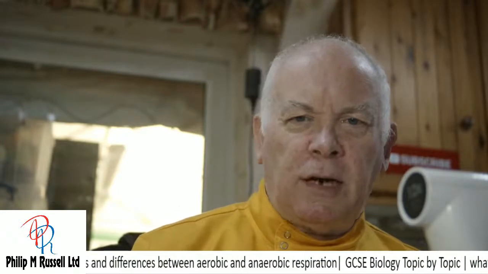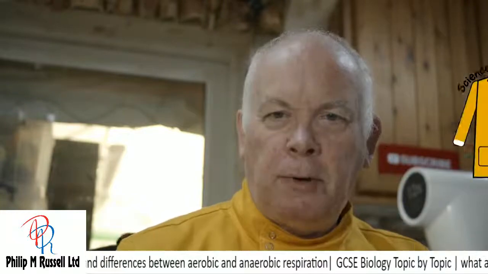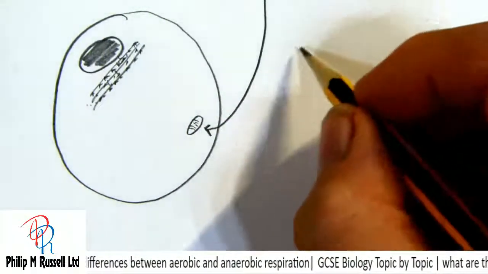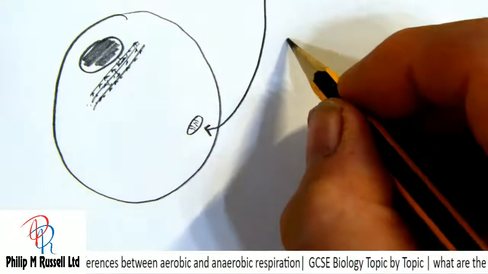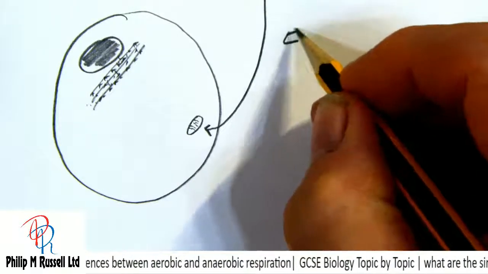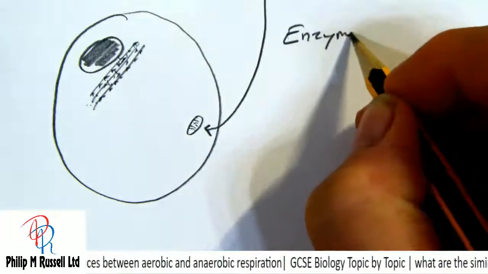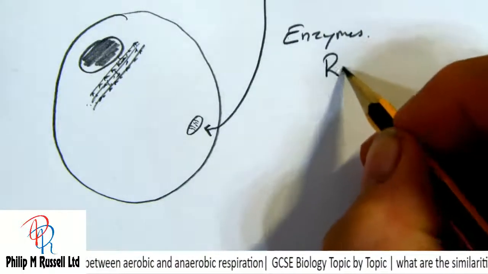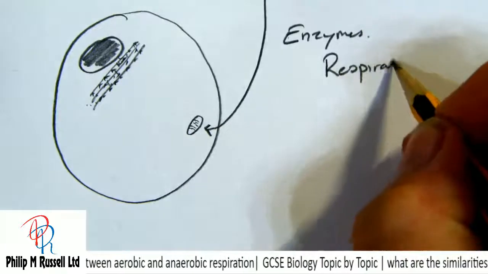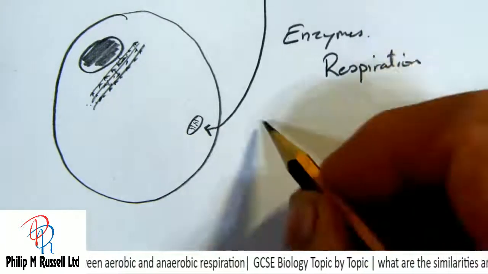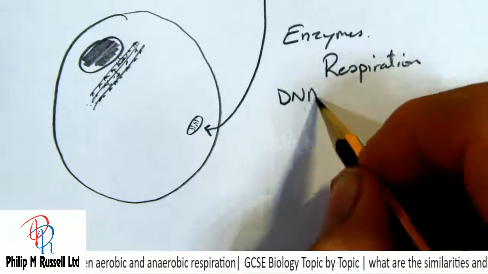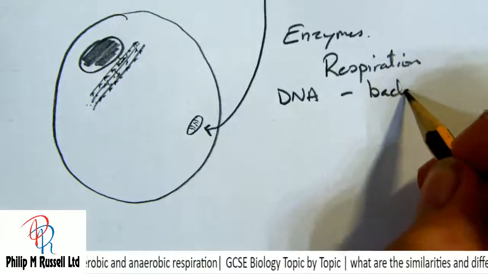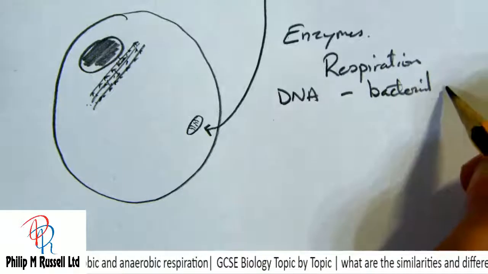So these cells have mitochondria in them, and this mitochondria is interesting because it contains all the enzymes for what we will call respiration, but it also contains its own DNA, which is like bacterial DNA.